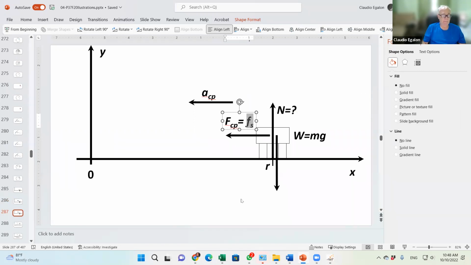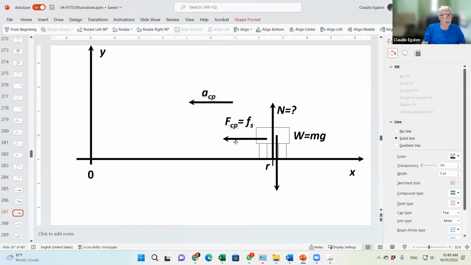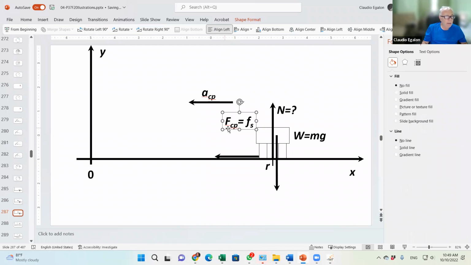Why is that? If we did not have any static friction, if we didn't have any friction between the tires of the car and the surface, the car wouldn't be able to perform a circular motion, but would just move in a straight fashion, like a straight arrow. But because there is some friction at the tire of the car, the car manages to stay moving in a uniform circular fashion.